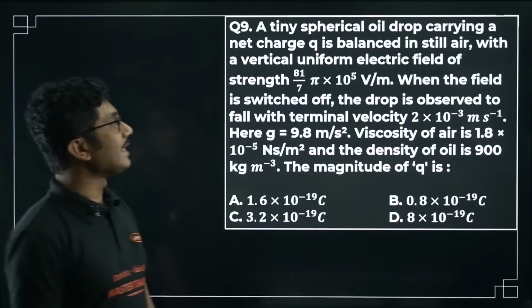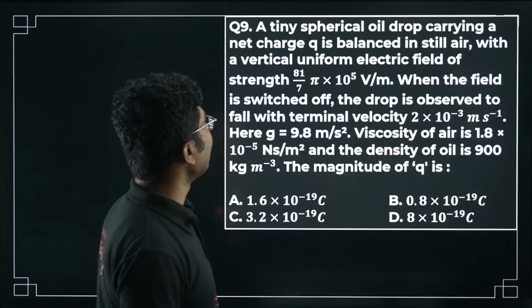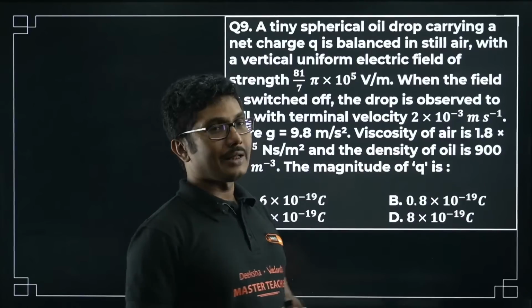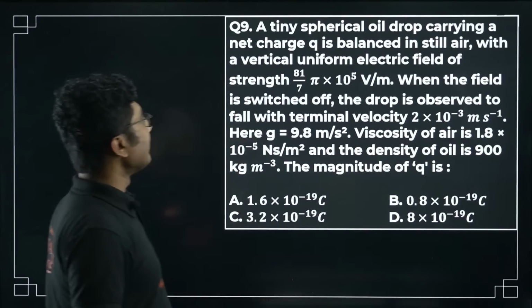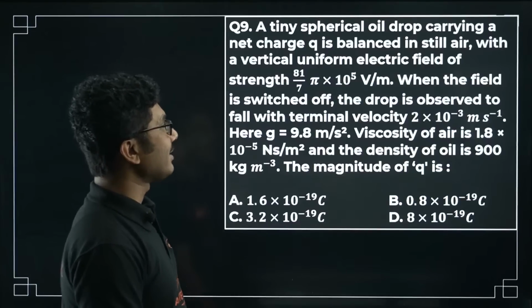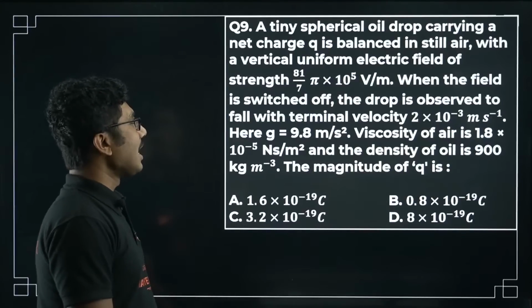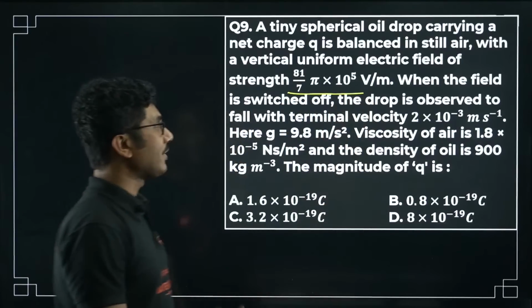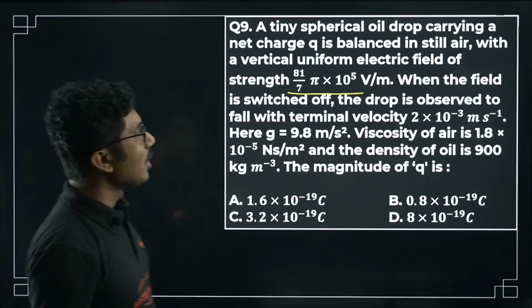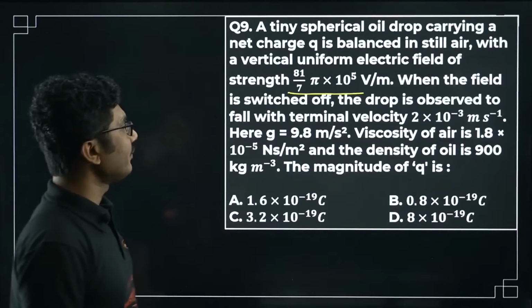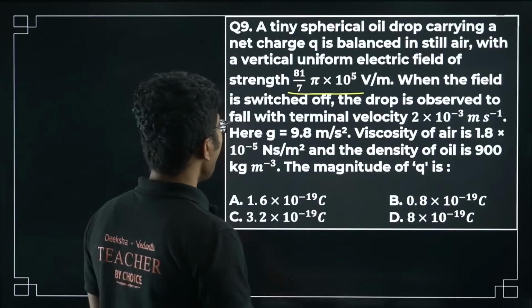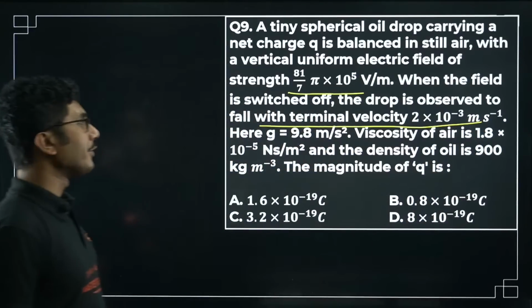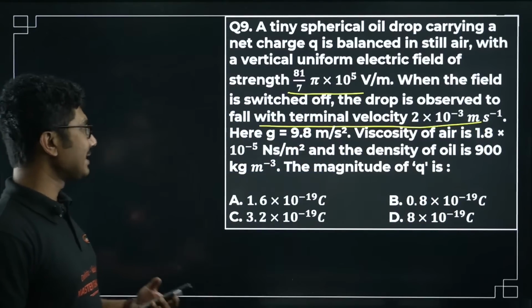A tiny spherical oil drop carrying a net charge Q is balanced in still air with a vertical uniform electric field of strength 81 by 7 pi into 10 to the power of 7 volt per meter. When the field is switched off, the drop is observed to fall with a terminal velocity of 2 into 10 to the power of minus 3 meter per second.